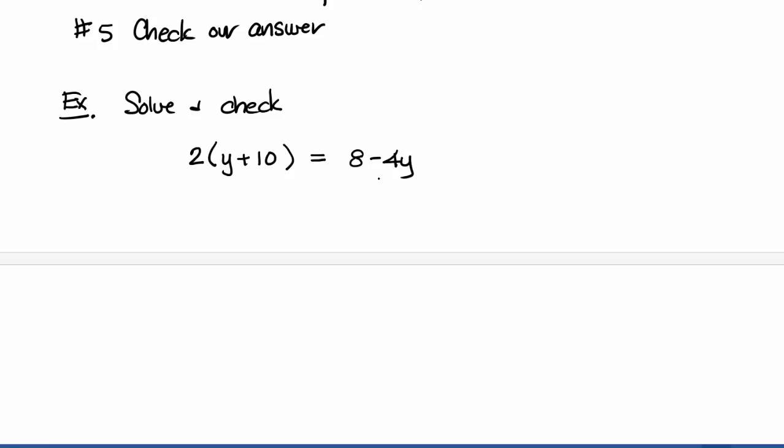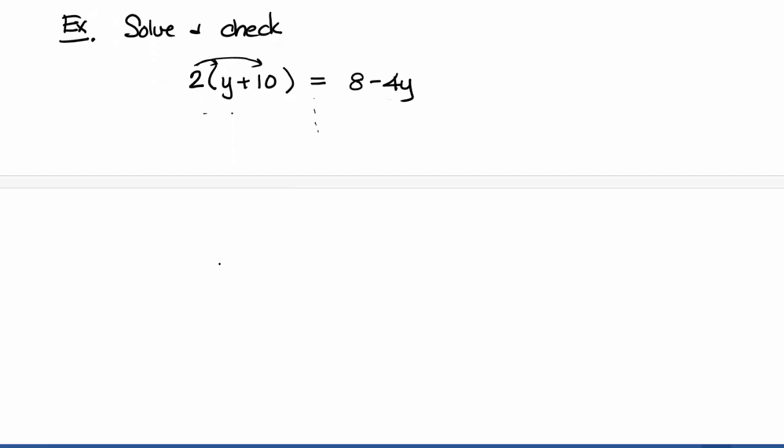Okay, if we look on either side of this equal sign, we notice we have parentheses over on the left-hand side, so what should we do? We want to distribute out. Okay, so we get 2y plus 20 equals 8 minus 4y, right?